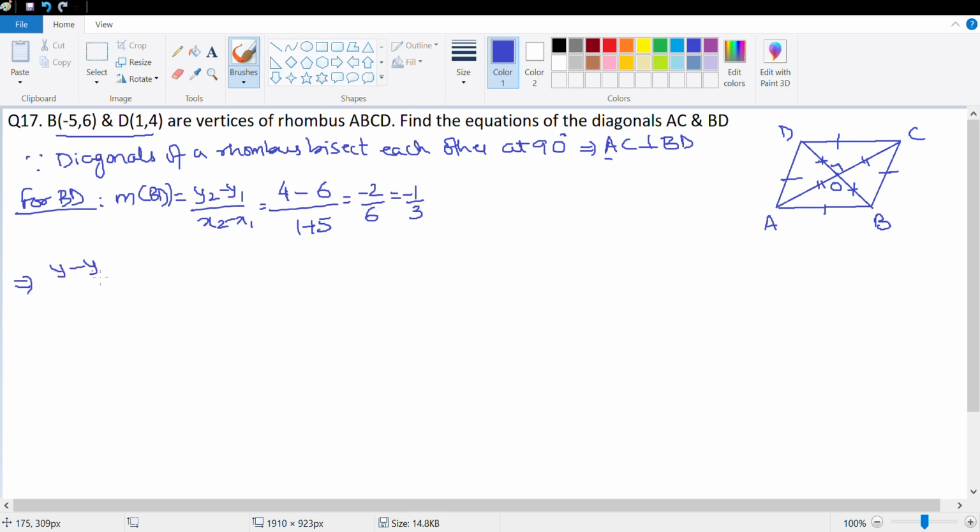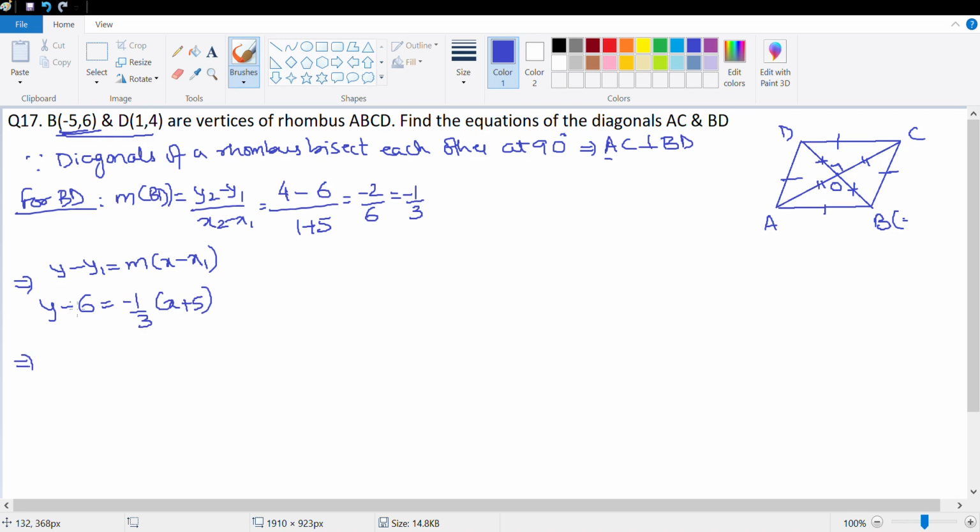So now let's put this in the equation. y minus y1 is equal to m times x minus x1. Which one do you want to take as y1? Let's take B as the y1, so negative 5 and 6 as x1 and y1. So y minus 6 is equal to slope negative 1 by 3 times x minus negative 5, which is x plus 5.